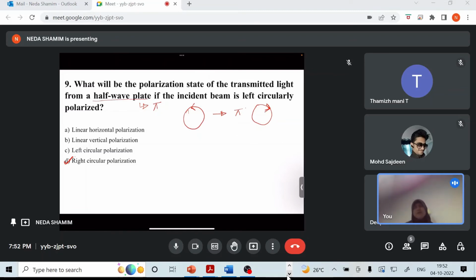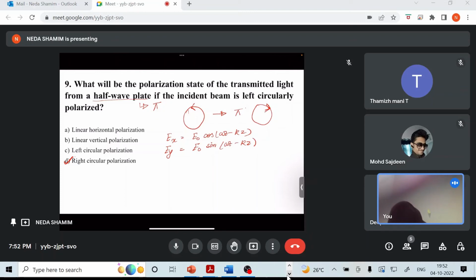Another way of doing it is to write the difference between the two electric vectors, the x component and the y component. Suppose Ex is equal to E0 cos of (omega t minus kz), and Ey is equal to E0 sine of (omega t minus kz).